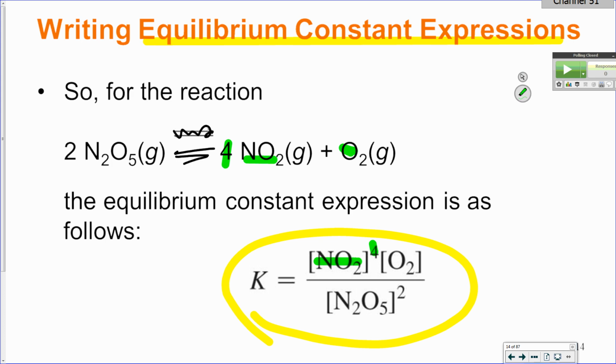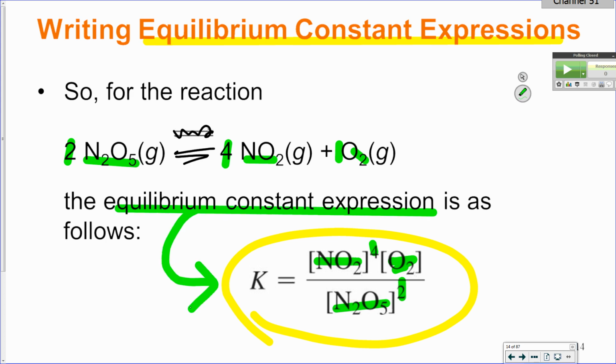Then the concentration of O2, and it's to the 1 power because it's the 1 stoichiometry, so we don't have to put anything there. That's the products. The reactants are the N2O5, dinitrogen pentoxide, and squared because of the 2 in front of it. And that's the law of mass action for that particular reaction. This is called the equilibrium constant expression for that particular system.